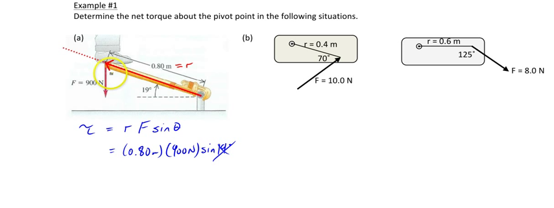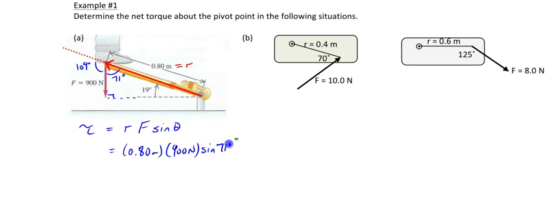The angle is either over here, which is 71 degrees. Remember, if you extend this down here, this is 90 degrees because it's straight down, perpendicular to the ground. And this one would be 109 degrees. It's not 19. The angle between this position vector and the force vector is either 71 or 109. Either one of them will work.